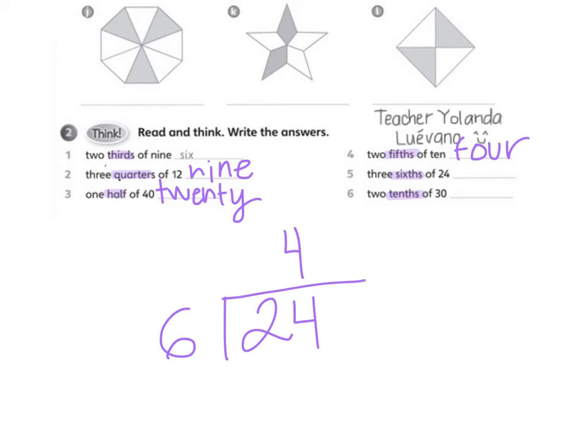So that is only 1/6. But how many are they asking here? They are asking for 3/6. So I multiply it times 3. And my answer is going to be 12. So my answer here is 12.